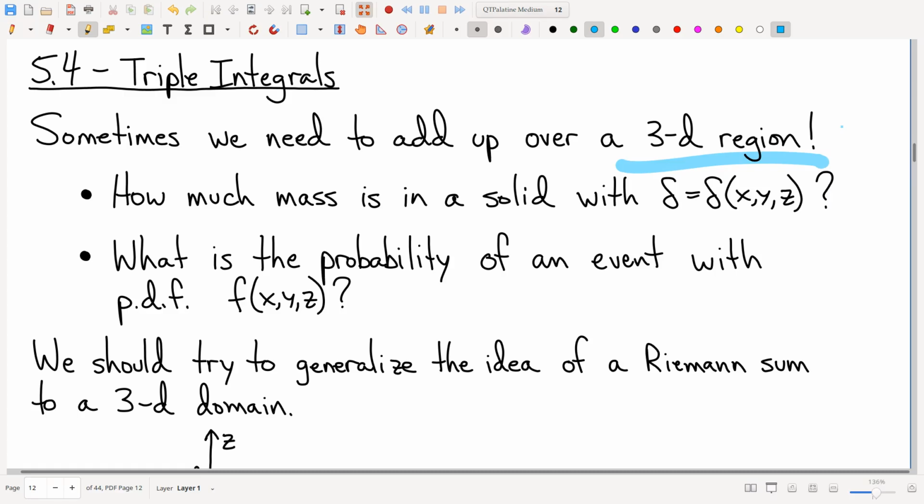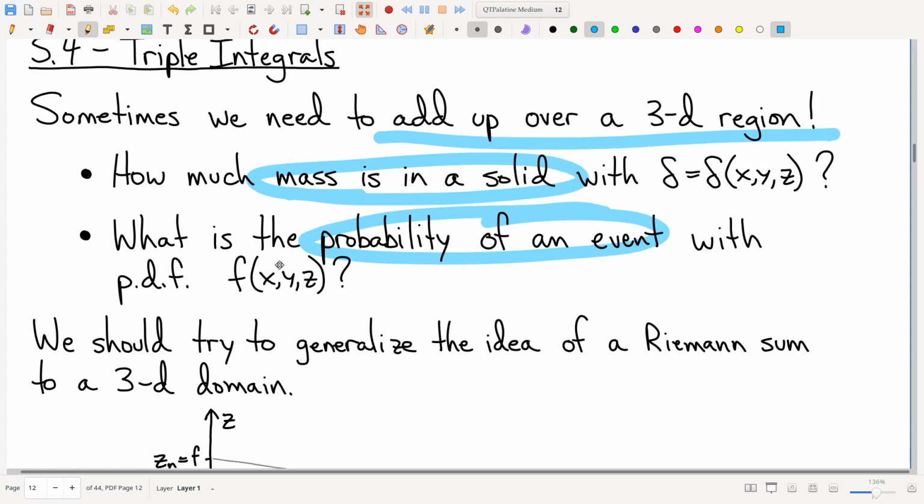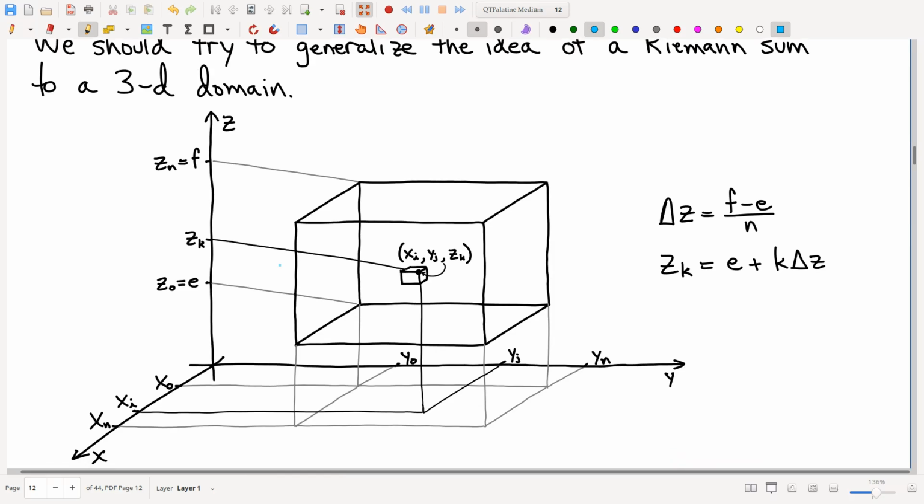So why would we want to chop it up and add it up over a 3-dimensional region? Well, maybe you're looking for mass in a solid, or maybe you're looking for probability of a certain event with a PDF, whatever. Maybe this is a fish tank that has algae growing. I don't know, does algae grow in the water, or does it have to be on the whatever?